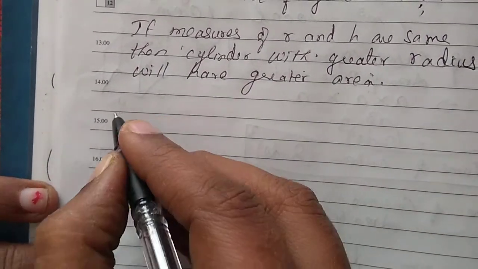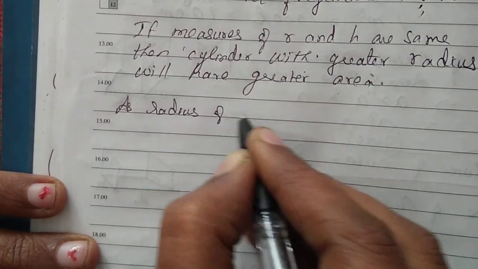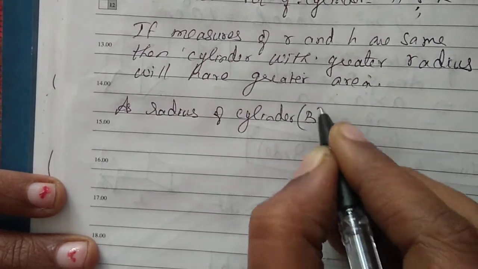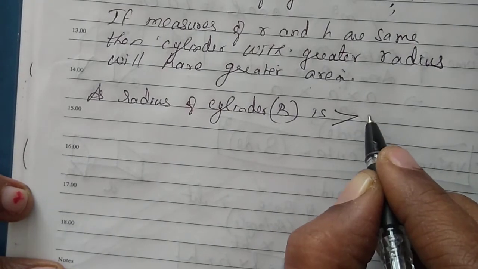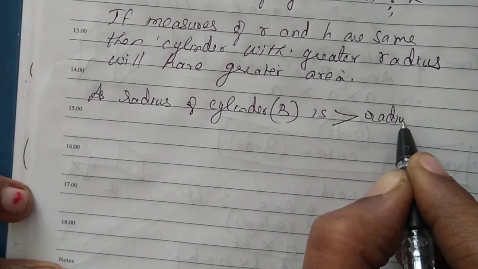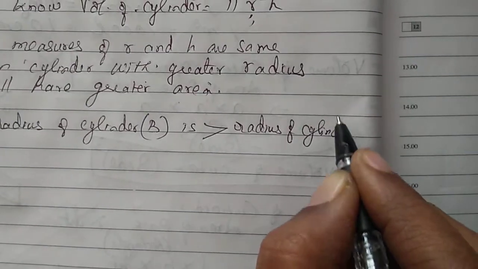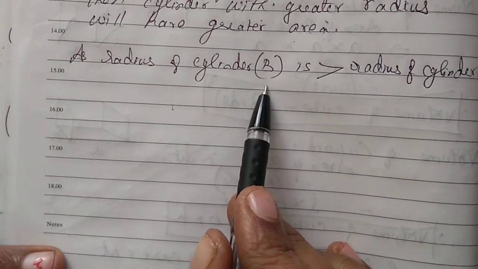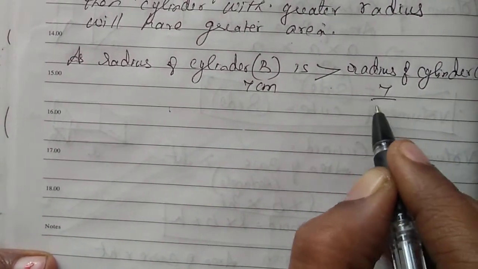So now, as the radius of cylinder B is greater than the radius of cylinder A. The radius of cylinder B, that is 7 centimeter, is greater than 7 by 2.